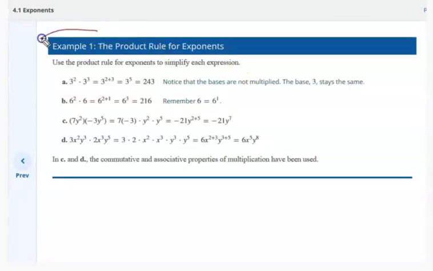So, for example 1, we're going to have an A, B, C, and D. That's all worked out for you. So I could write it out, but you can just copy it down into your notes. I'd copy this down. 3 to the second times 3 to the third. You can kind of skip this step. Write this, and then simplified is this.